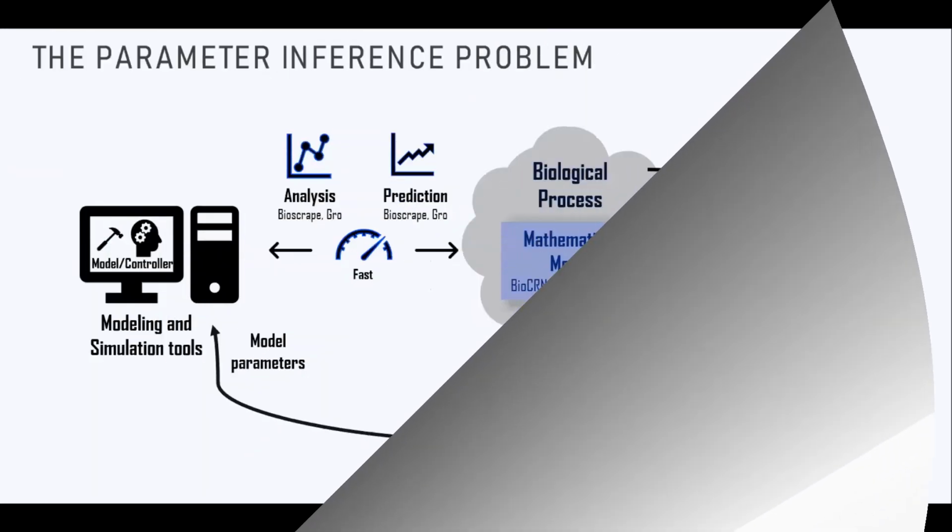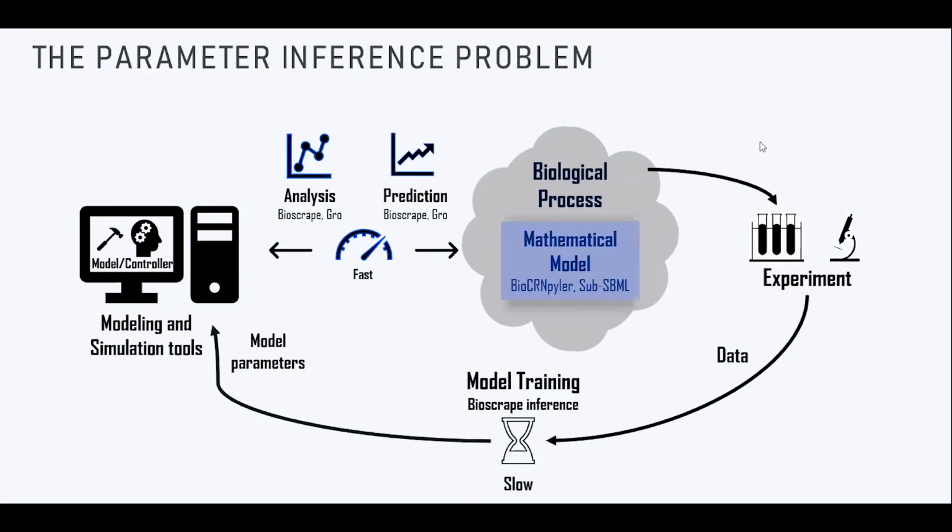So the parameter inference problem can be looked at in this cartoon figure here. You have a biological process in the center, and you create a mathematical model that's an abstraction of the biological process, capturing what you are interested in modeling. Now, very fast and very easily, you can run the mathematical model on your computer.